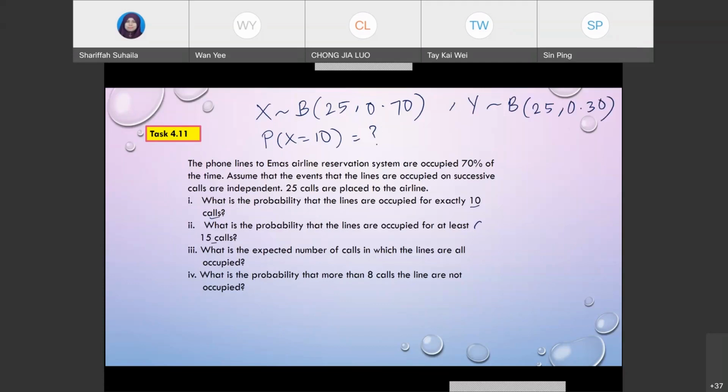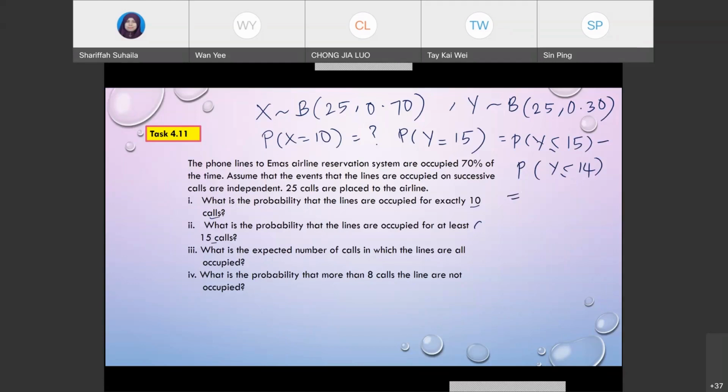Exactly 10 changes to probability Y, 25 minus 10, so 15. So you want to find exactly 15. Since given is cumulative, change to probability Y less than or equals to 15 minus probability Y less than or equals to 14. Then you get exactly 15.